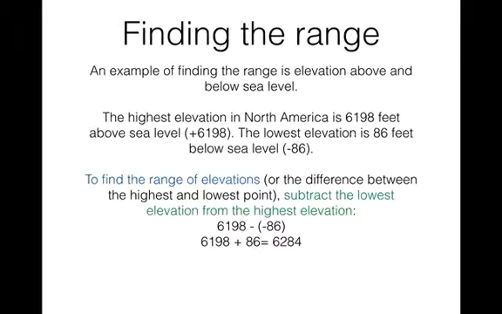So 6,198 minus a negative 86. Now remember, when you're subtracting a negative value, you're going to change that negative 86 to a positive 86, and then you're going to add it. 6,198 plus 86 is 6,284.